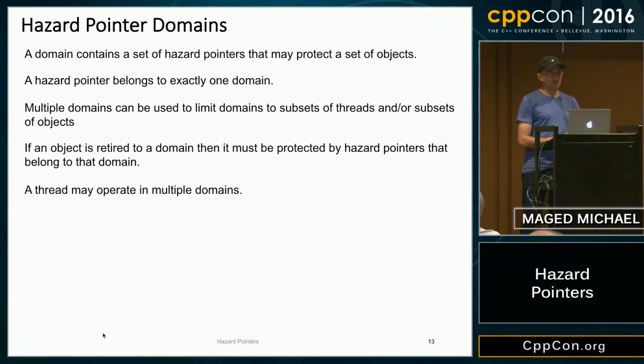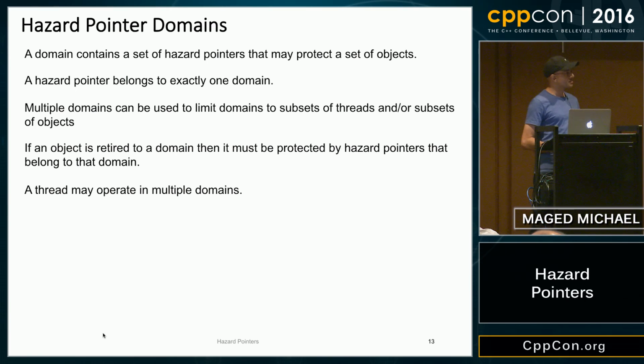I wanted to mention domains in the context of hazard pointers. A domain contains a set of hazard pointers, and these hazard pointers may protect a set of objects. A hazard pointer would belong to one domain, because it doesn't make sense to belong to multiple domains. We would have a default domain, because we don't want to bother the user to define one if they're just using the default.